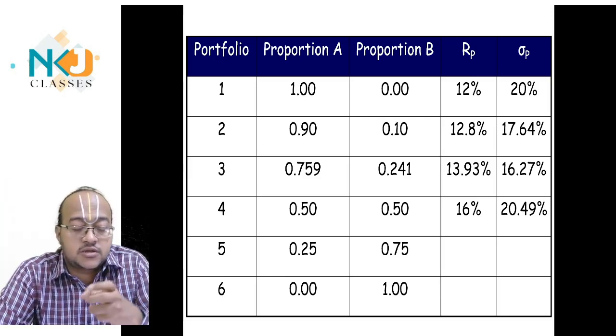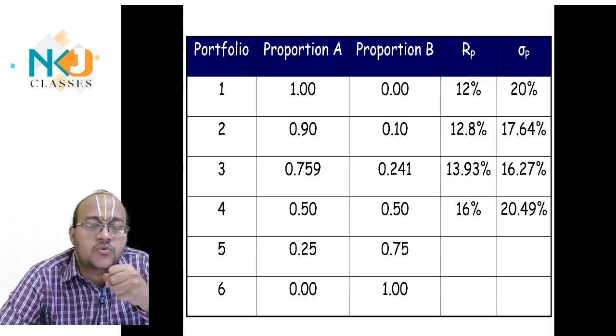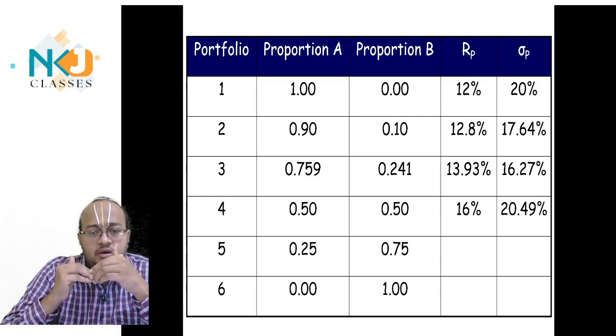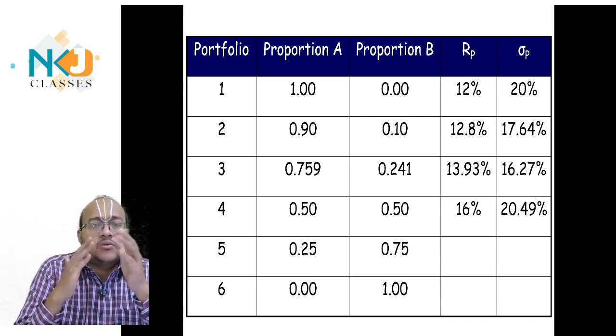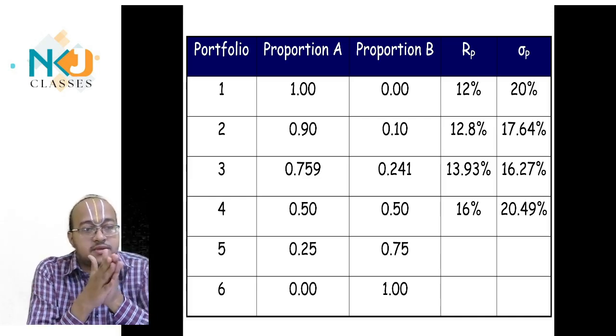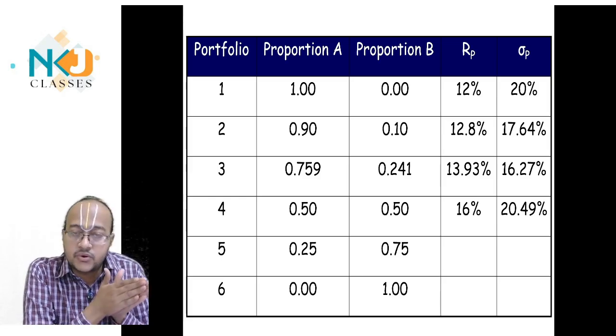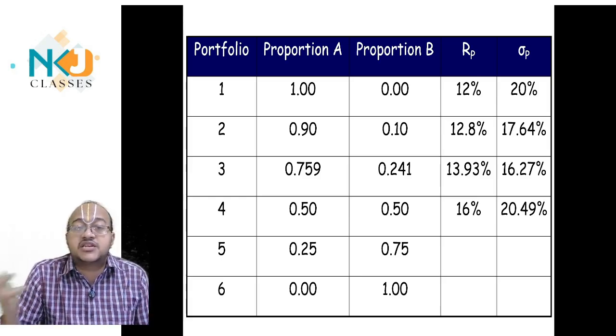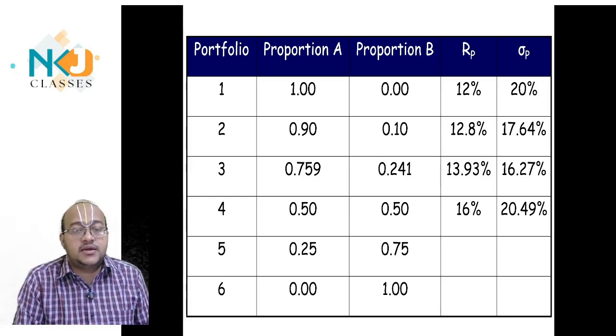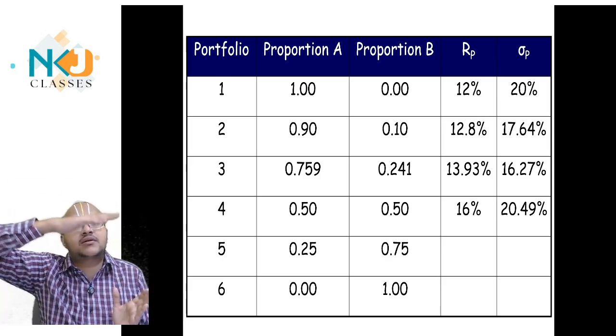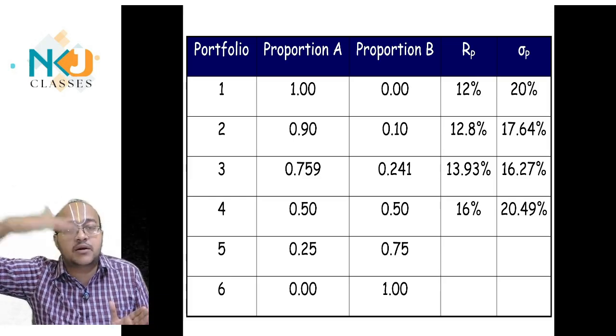Why? Because the risk reduction happens only till the saturation point. It is not permanent. At some point, the risk reduction of the portfolio stops, and because of the higher injection of the high risk security, the portfolio risk also starts taking over and it becomes risky.